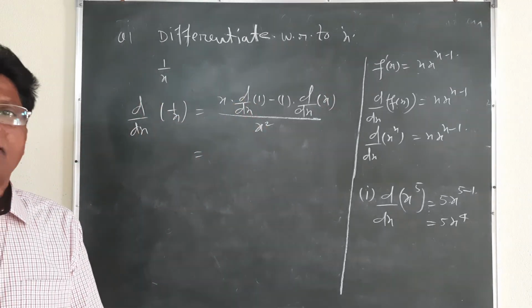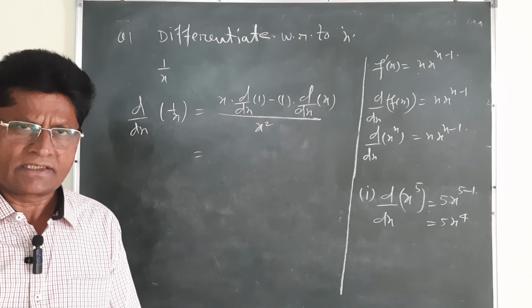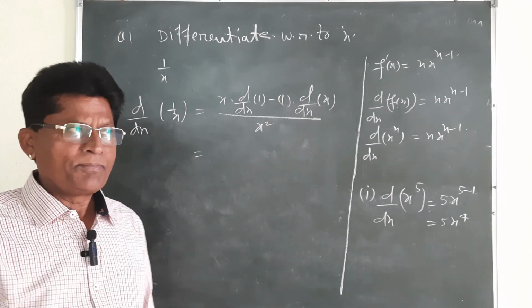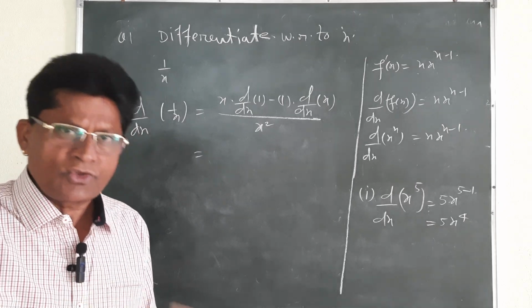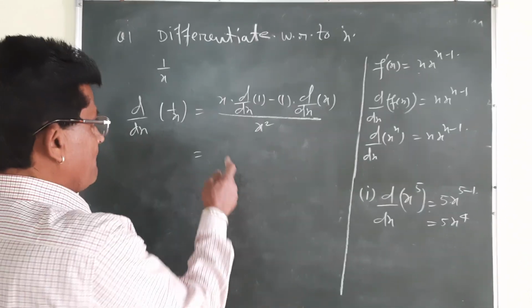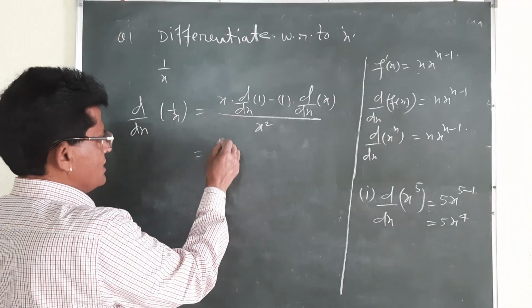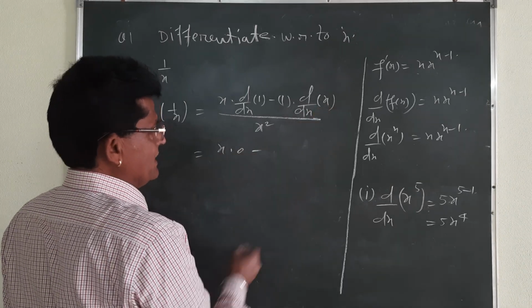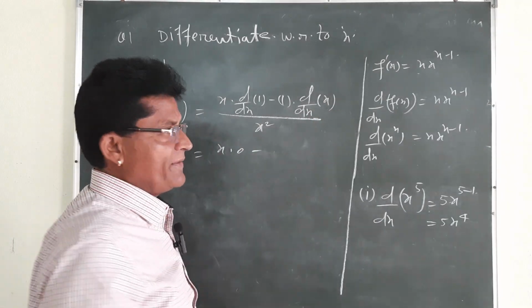The derivative of a constant will be 0. That you have studied in class 11. By the definition of the derivative, you also can find out its value. Derivative of constants will be 0. x into 0 minus, it will be 1, the differentiation of x to the power 1.